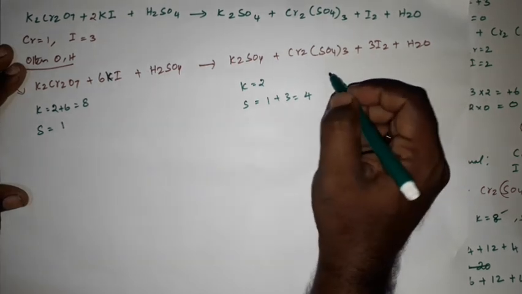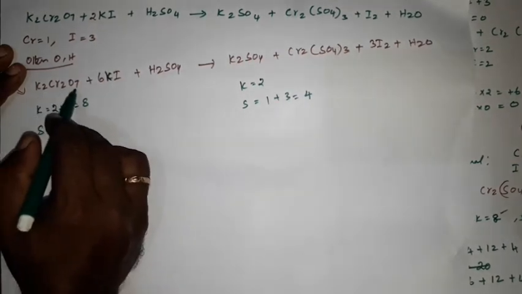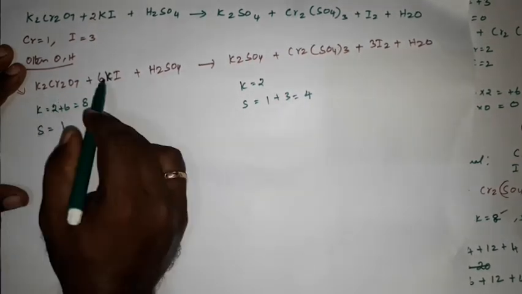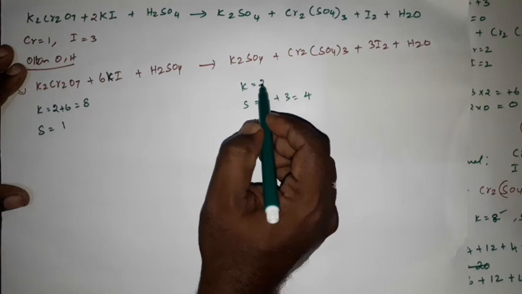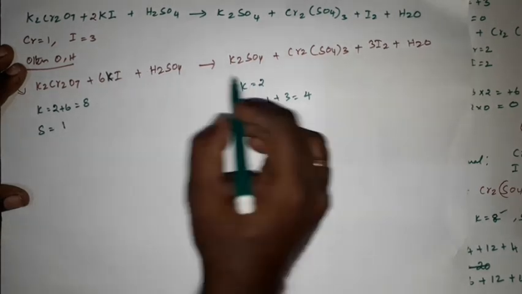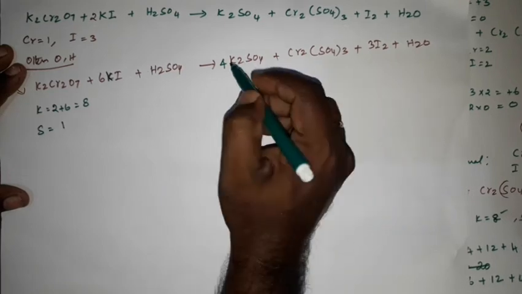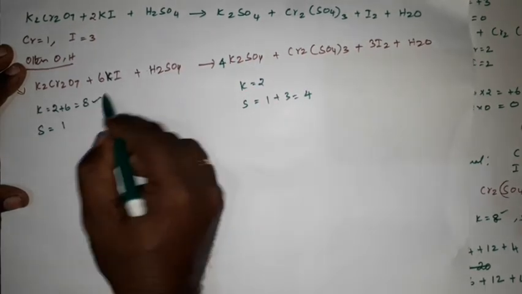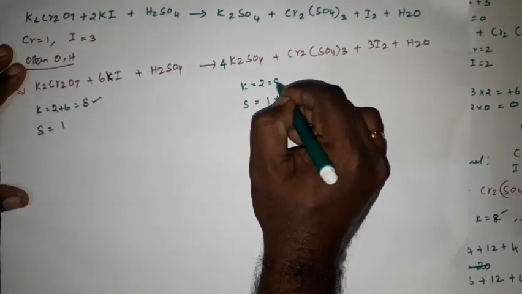So K2Cr2O7, here potassium 2, then 6K potassium, so here 8 potassium, then here only 2 potassium. To make 8 potassium here, I am going to put 4 here. Okay, so now after putting 4 here, it will become 8.